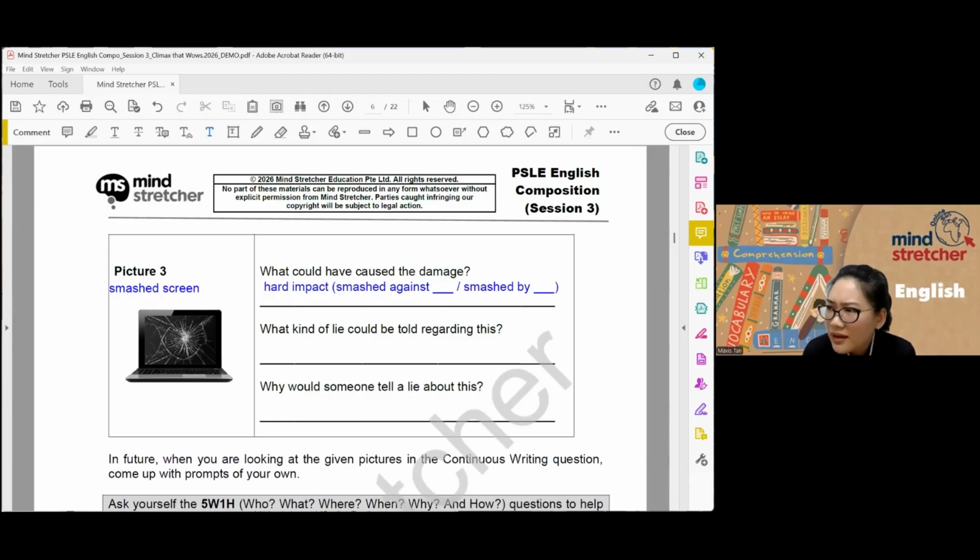What kind of lie could be told regarding this? First, let's think about the character. Who will cause damage to a laptop like that? Could it be a sibling? Is it a friend? Because a stranger won't do that to your laptop, right? And if it's a sibling or a friend who has done this to you, how can they lie?